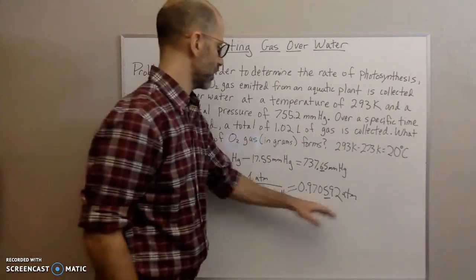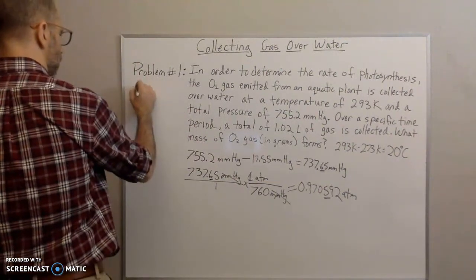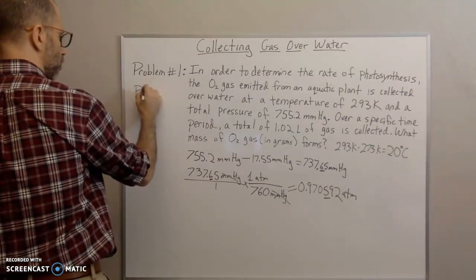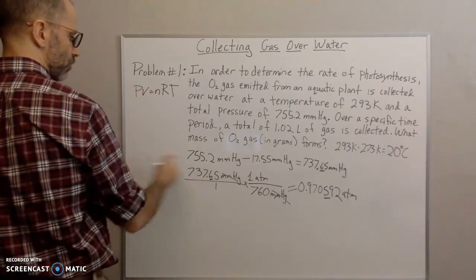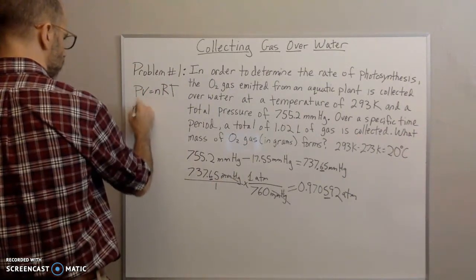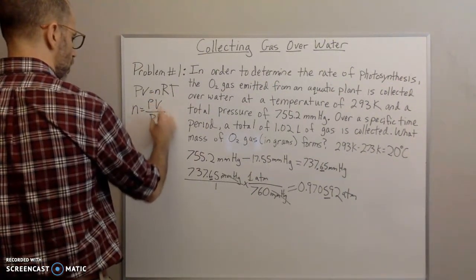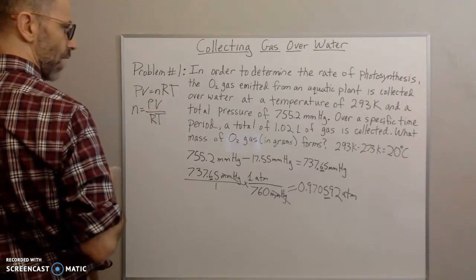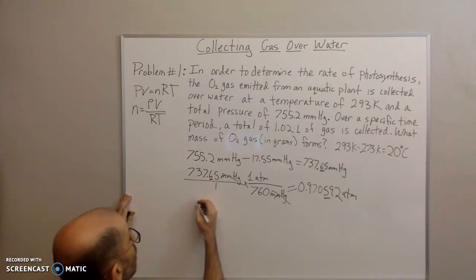So now I'm going to use my ideal gas law to find moles. PV equals nRT. So if I'm solving for moles, then moles is equal to PV over RT. So now I plug everything in to find the number of moles.